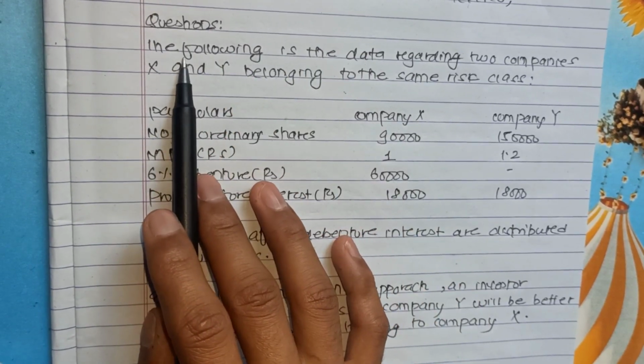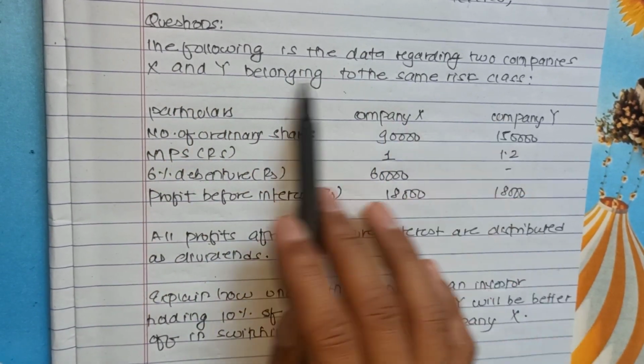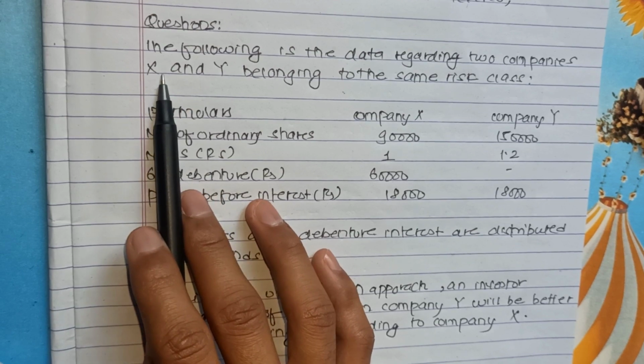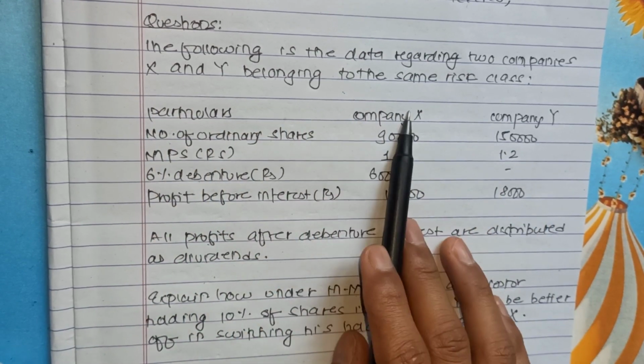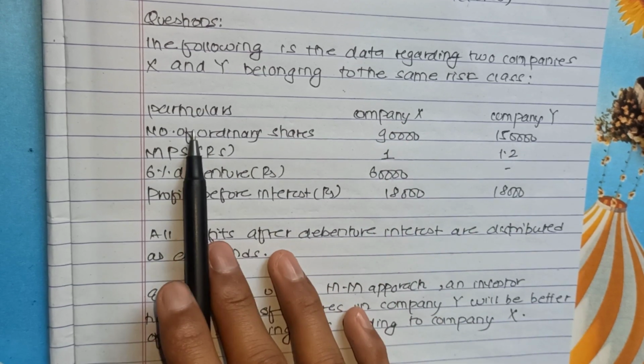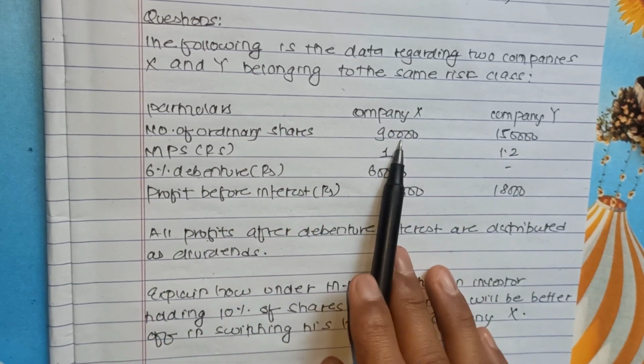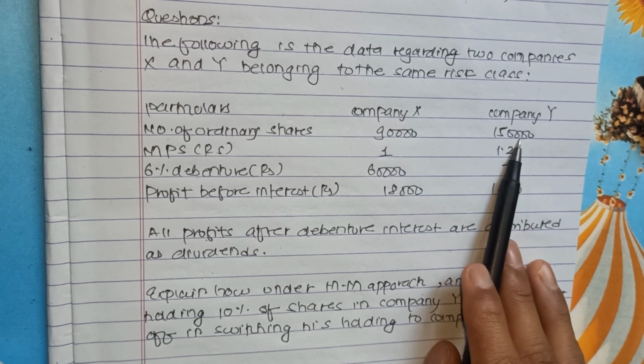Question: the following is the data regarding two companies, X and Y, belonging to the same risk class. Number of ordinary shares: 90,000 and 1,50,000.